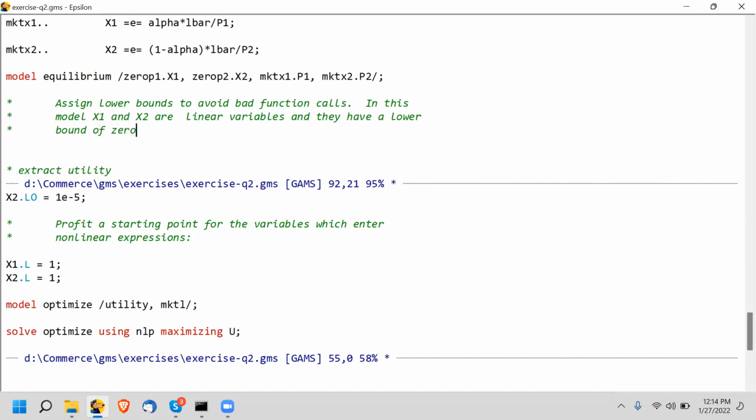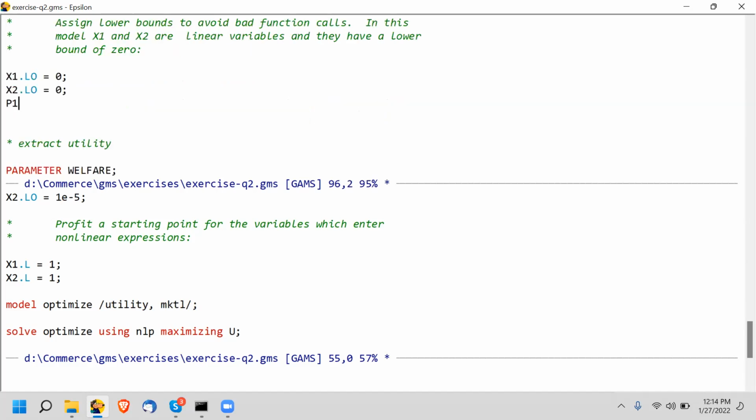In the nonlinear programming model where we had X1 and X2 going into the objective function, we had to be careful, but here the domain is fine. X1.low equals 0, X2.low equals 0. And we're going to say P1.low is equal to 1e-5, P2.low equal to 1e-5.